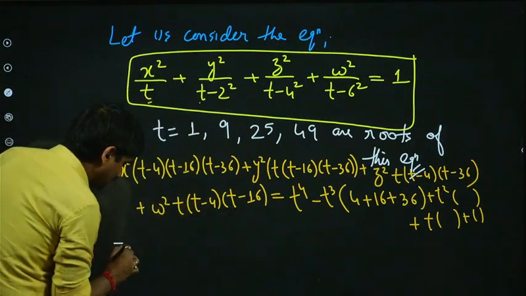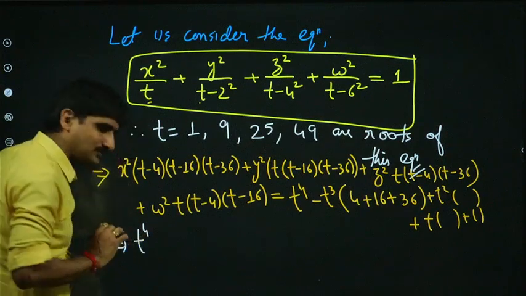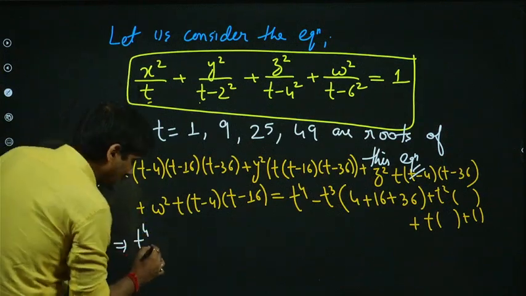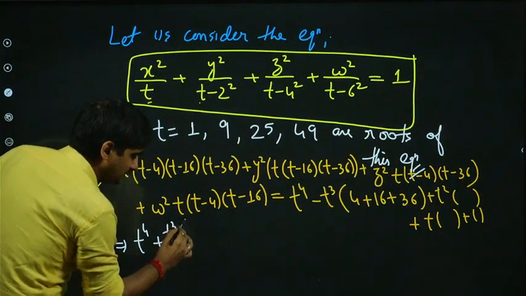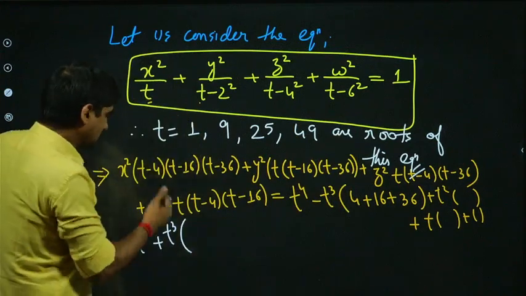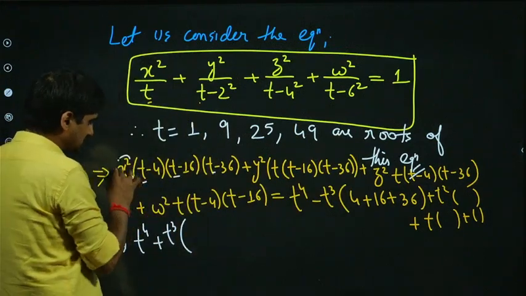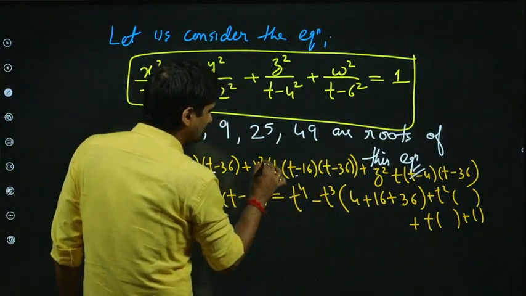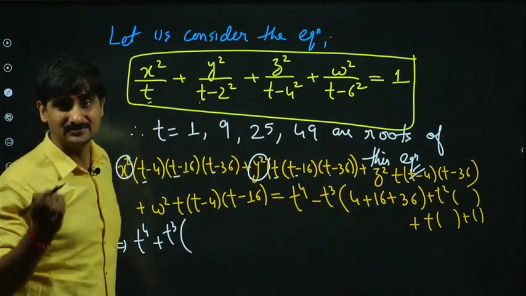I will now convert it to a proper 4-degree equation. So the first term is t raised to the power 4, then the cubic term t cube. Now bring all these terms to this side. The coefficient of t cube is 1 into 1 is x square here, then t into t is y square here, similarly z square, similarly w square.